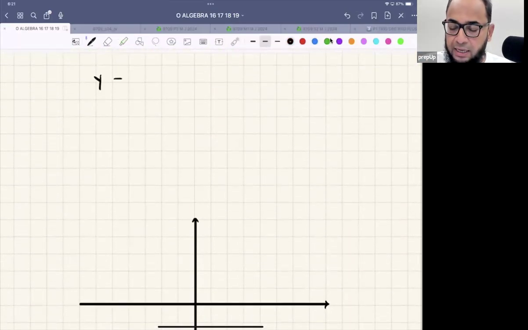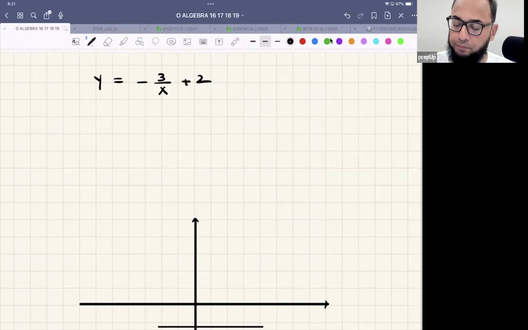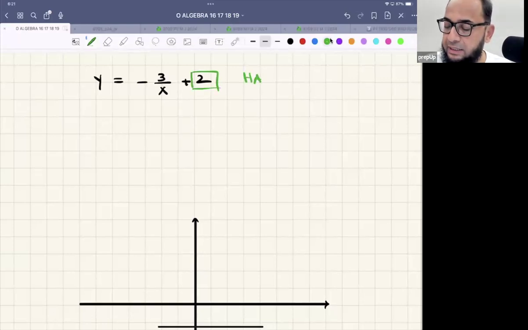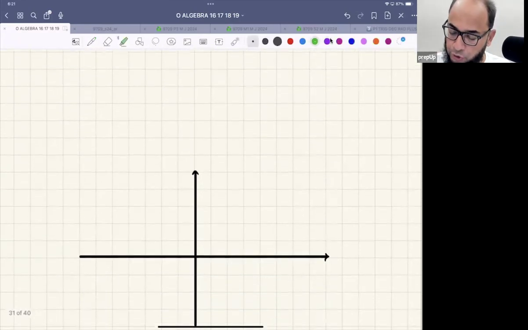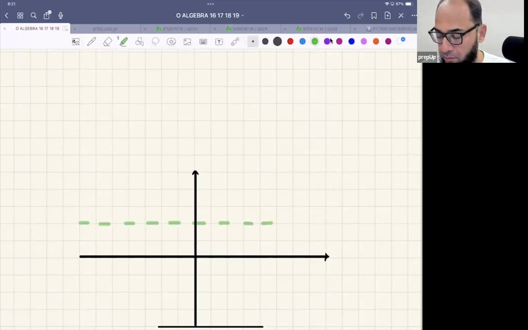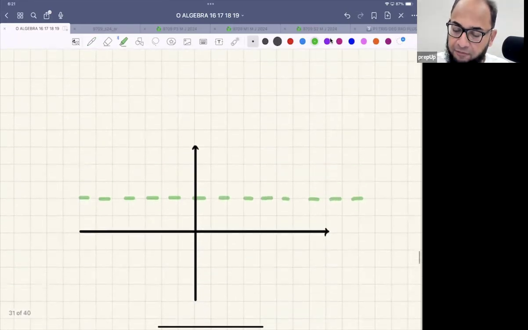Now let's transform a graph of this type. What about y equals minus 3 over x plus 2? Now it's the horizontal asymptote that gets shifted. So the horizontal asymptote is now y equals 2. Let me draw this line, y equals 2, and with respect to this, we'll be drawing the graph.